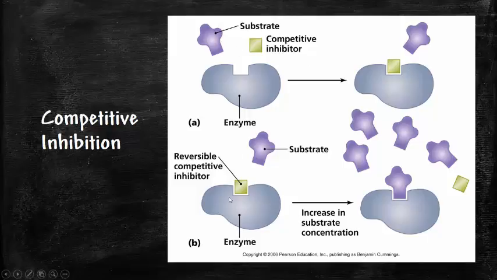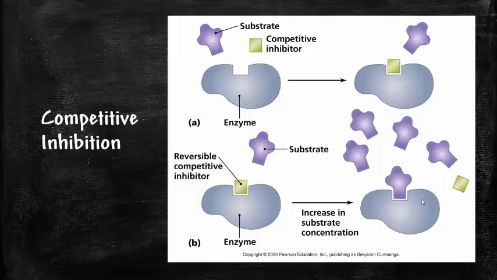Here is the inhibitor, and it is bound, and therefore the substrate cannot be bound. But when the substrate is bound, the inhibitor can't be bound. A competitive inhibitor has a higher probability to bind to an enzyme when the substrate concentration is low than when the substrate concentration is high, because they compete for the enzyme.